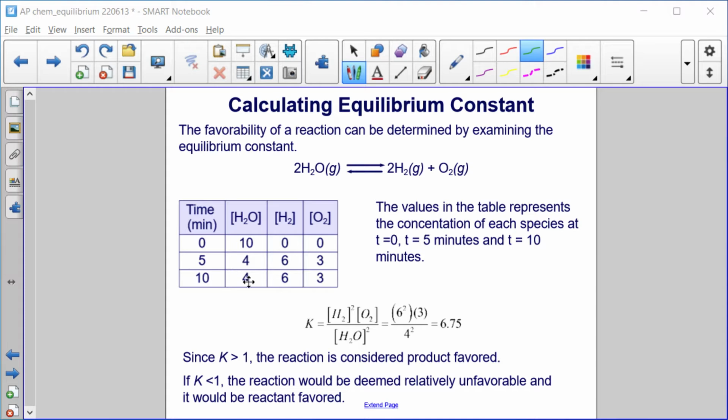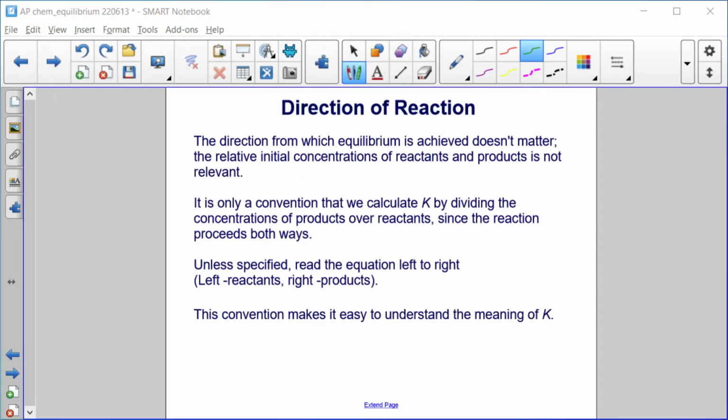I've just substituted the values. So 6 squared times 3, divided by the concentration of the water, which is 4 squared. We get a value of 6.75. Since K is greater than 1, that means the products predominate and the reaction is considered product favored. If K was less than 1, the reaction would be deemed relatively unfavorable and it would be reactant favored.